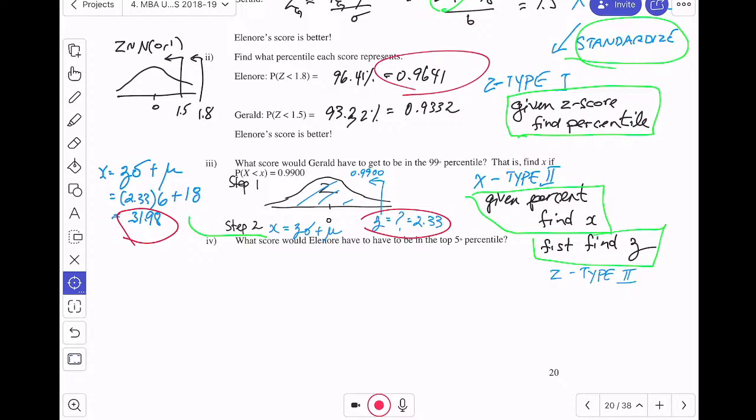Any questions? So where does this formula come from? Well, it's the same one we were using before. All I've done is take this expression for standardization and rearrange it. But it's very easily interpretable: z standard deviations from the mean.